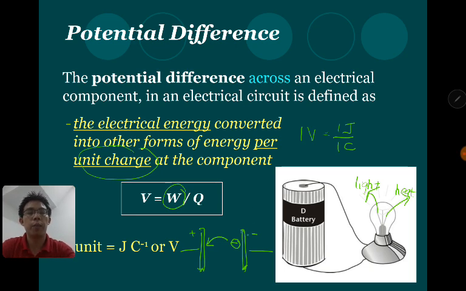We want to move it from the positive side to the negative side, and because the electron is negatively charged, if we want to move it to the negative side, there's a repulsion, a repulsive force. So if you want to move this electron towards there, you need to do some work on it. You need to pull it there, the force needs to pull the electron all the way towards the negative plate.